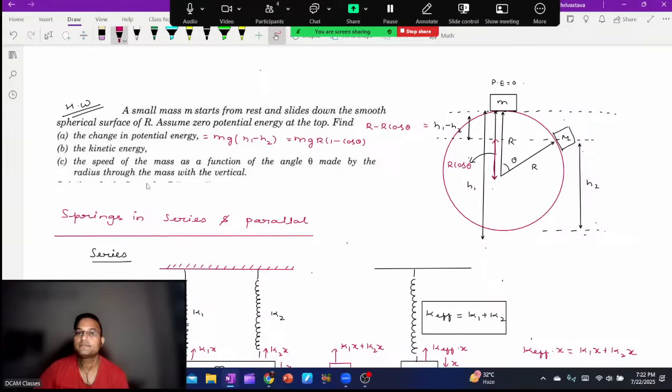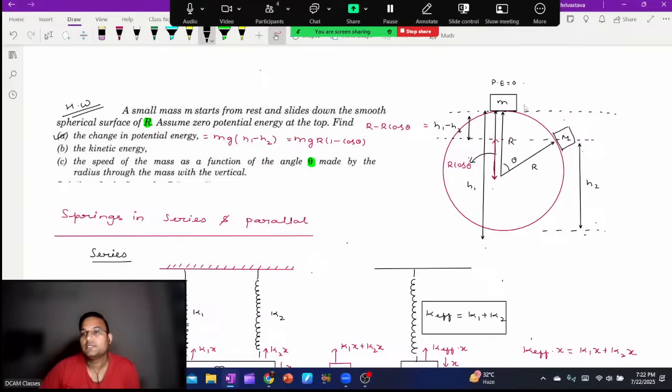I'll write it in variables itself, because they have given only the radius and the angle theta. So we have to find the change in potential energy only in terms of r and theta. Okay. Now we have to find the change in kinetic energy.